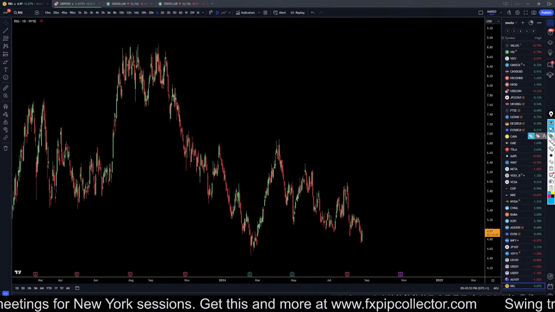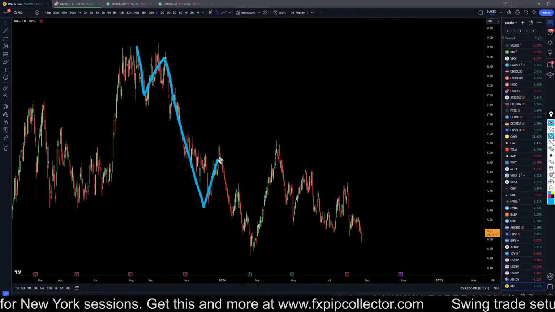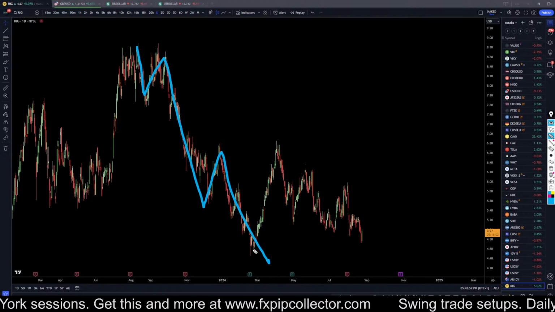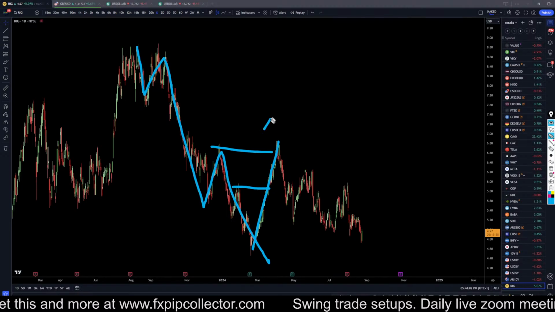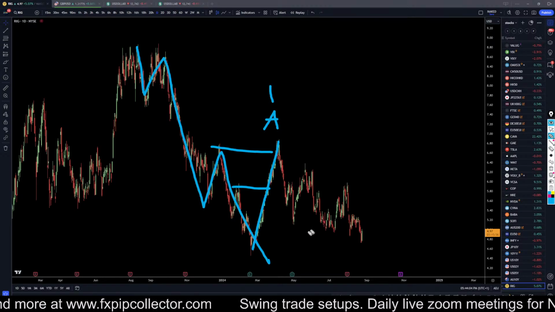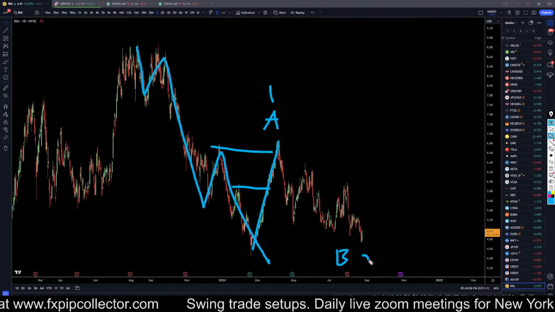Oh wow, yeah, definitely. One, two, three, four, five waves down. Impulsive up, break of structure, a couple different breaks of structure. This is either a wave A or a wave 1. This is probably either a wave B or a wave 2.